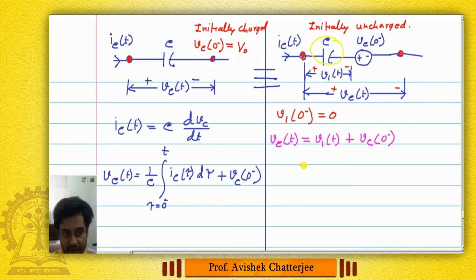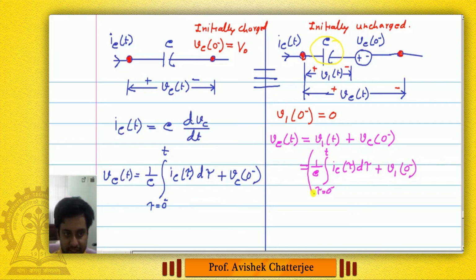and then V1 can be written as 1 by C integration of this capacitor current IC(tau) d tau from time 0- to t plus initial value of V1, that is V1(0-).